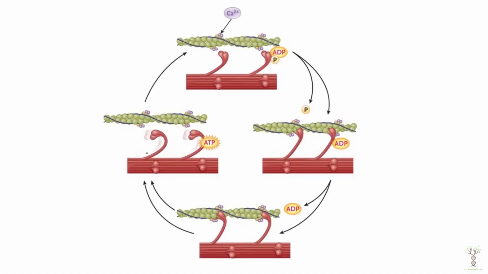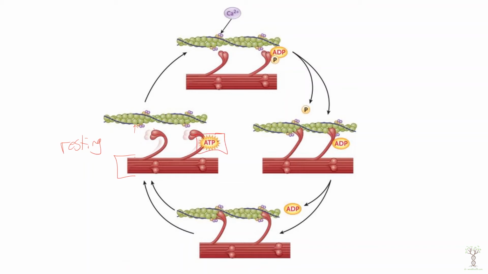Here we have a myosin head. So our thick filaments are composed of lots of myosin molecules, our sort of double-headed golf club shape here. And these myosin heads need to be able to bind to the myosin binding sites on this actin. This is a resting position. We're not contracting at this point because there's no connection between the myosin and the actin.